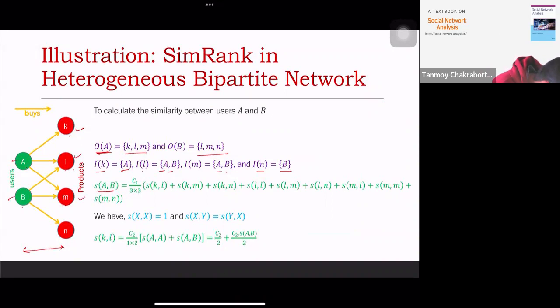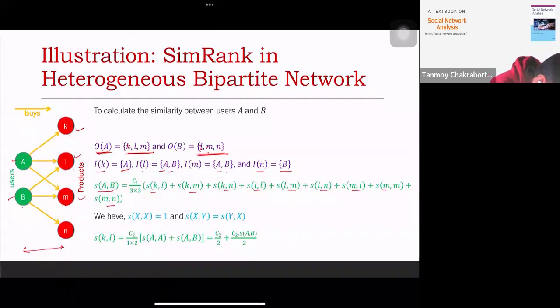So let's look at the outward neighbors of A, K, L, M, and the outward neighbors of B, L, M, N. We take all pairs: the similarity of KL, KM, KN, then LL, LM, LN, and ML, MM, and MN. There are 9 possibilities: 1, 2, 3, 4, 5, 6, 7, 8, and 9.